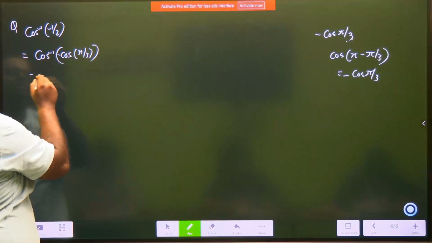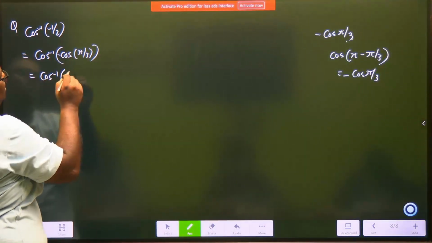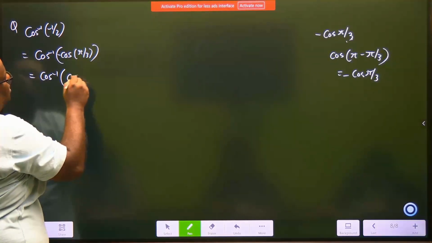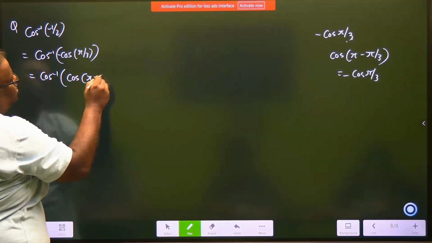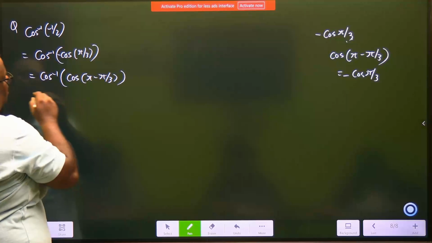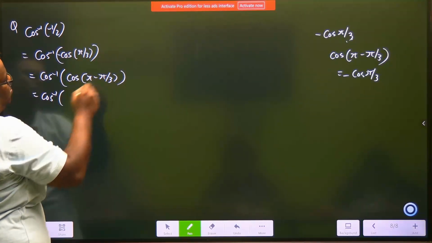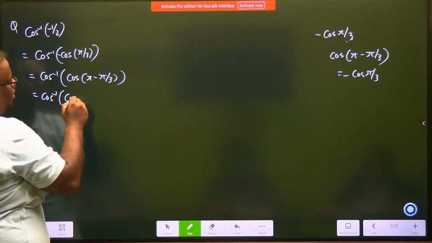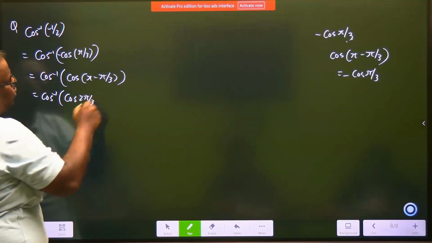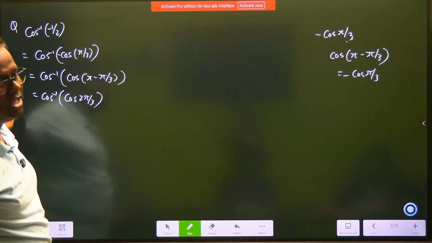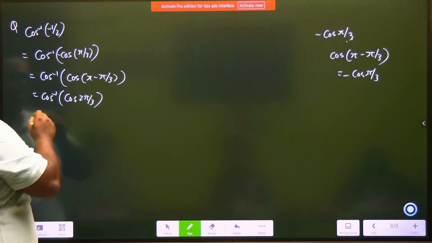So this becomes cos inverse cos of pi minus pi by 3. Cos inverse, this is 3 pi minus pi is 2 pi, cos 2 pi by 3. Children, 2 pi by 3 is any day lesser than pi.